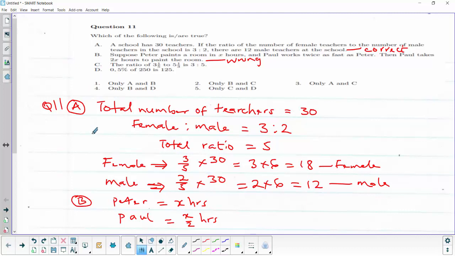So we need to consider statement C as well. So let us consider C. We are given the ratio 3 1/5 to 5 1/3 to be equal to 3:5.